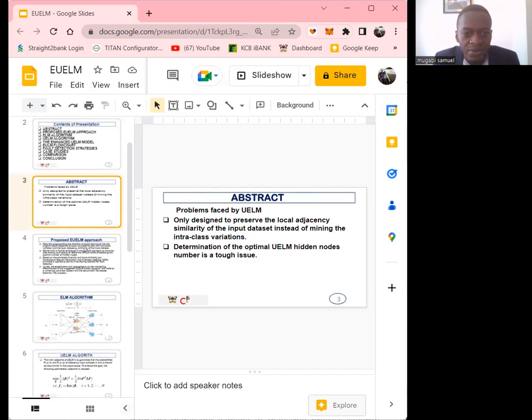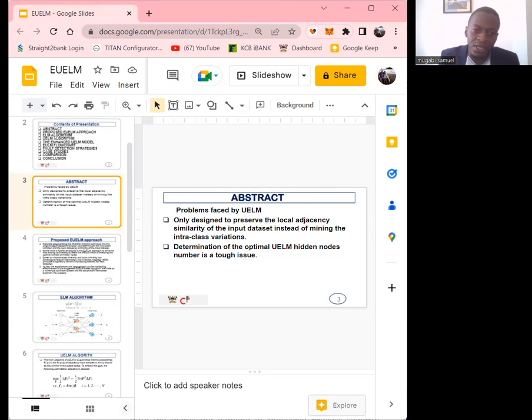Now, you realize unsupervised extreme learning methods have been used before, but all these methods experience these problems. They are only designed to preserve the local adjacency similarity of the input data set instead of mining the intra-class variations. Then also, the other problem faced is the determination of the optimal unsupervised extreme learning hidden nodes.